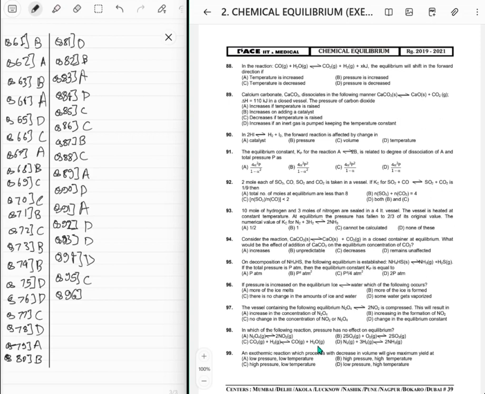So I think there is no change. I'm going to go with C, but I'm very unsure of this, because this is more about thermodynamics and less about equilibrium. Actually, it is about equilibrium, but it's getting into the thermodynamic territory, and I will have to do some calculations to actually understand what's going on.